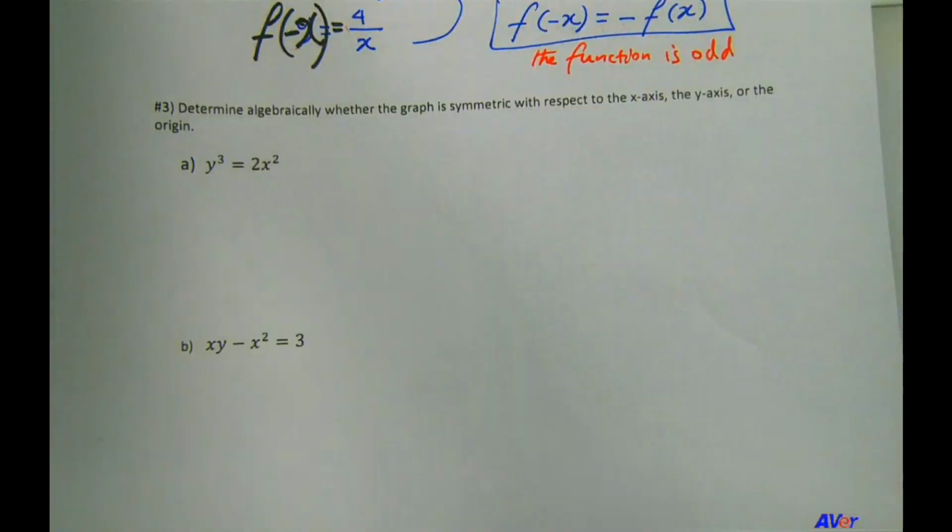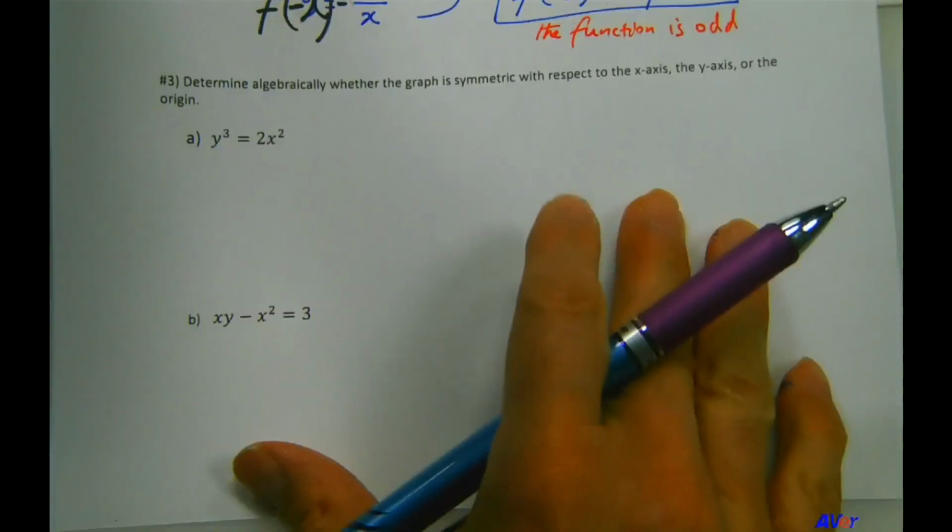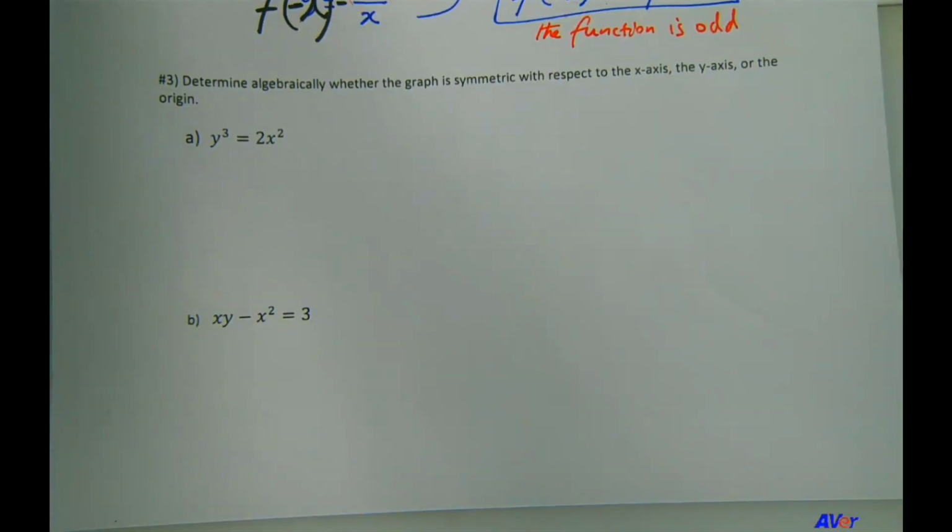Okay, so determine algebraically, that means with the method like that, replacing x with negative x, determine algebraically whether the graph is symmetric with respect to the x-axis, the y-axis, or the origin. So please, once again, pause the video, answer these two questions on your own, and then come back to the video.